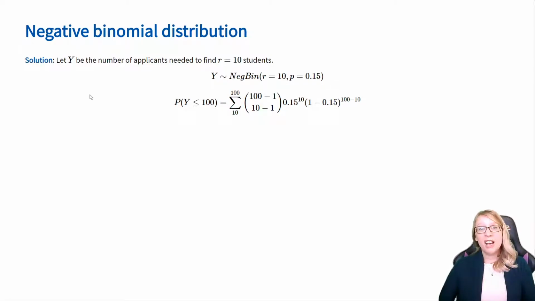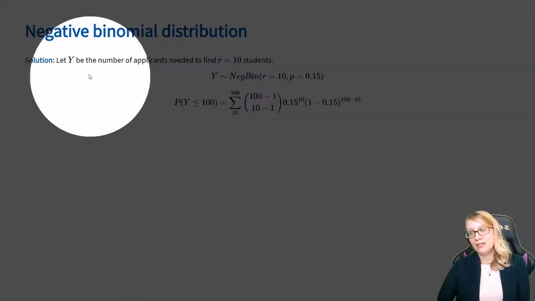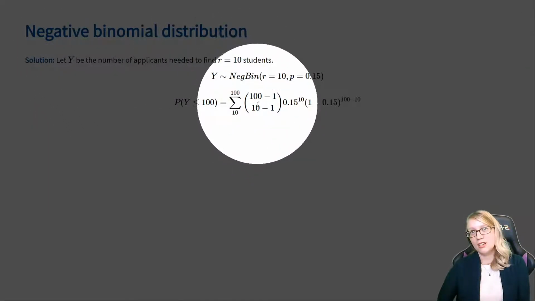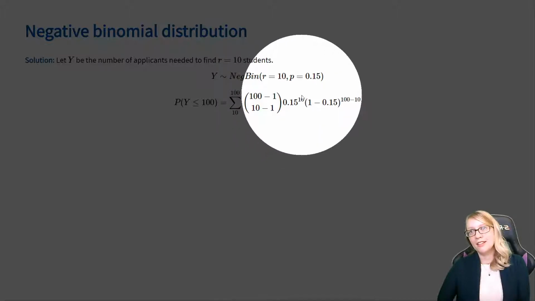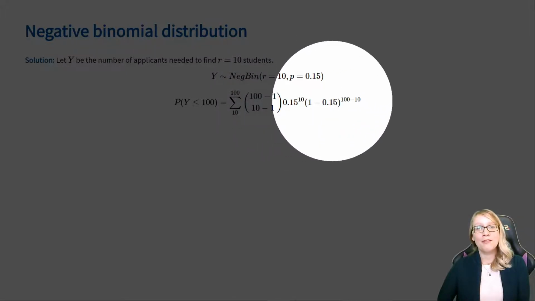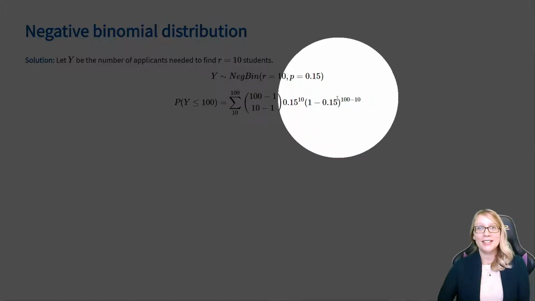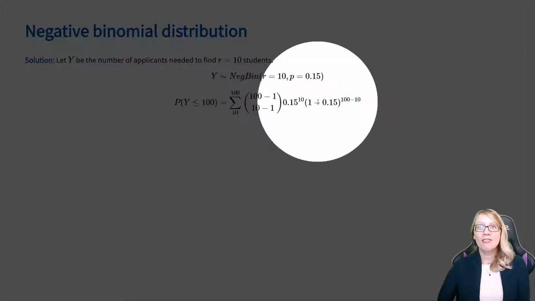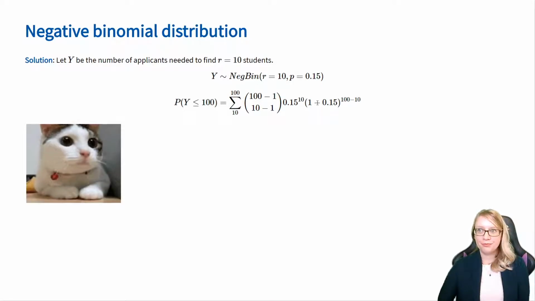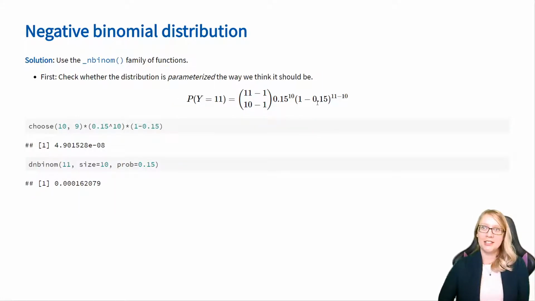So what we want to find is a summation from 10 to 100 of (i minus 1 choose 10 minus 1) times 0.15 raised to the 10 times (1 minus 0.15) raised to the i minus 10. Note that in the summation, the i replaces the y. This summation is going to have 91 terms. I don't want to calculate 91 terms by hand. I'm sure you don't want to calculate 91 terms by hand either. So there has to be an easier way to do this.